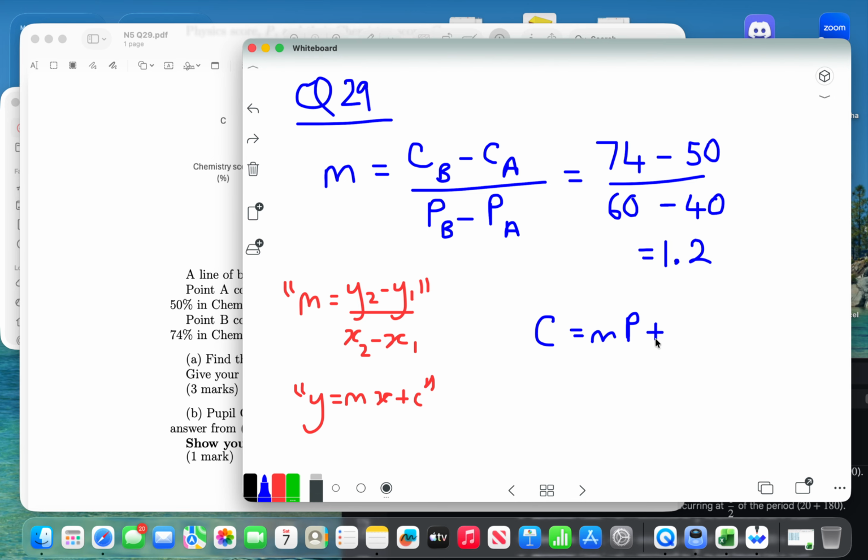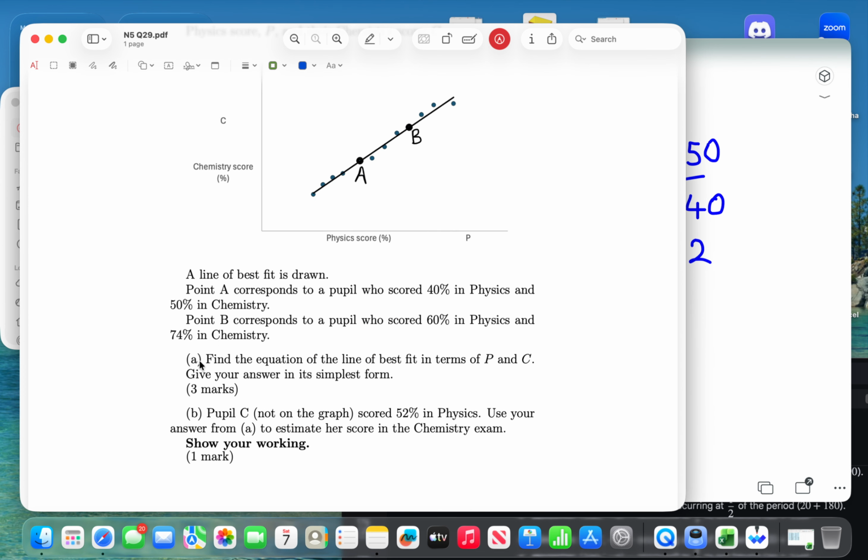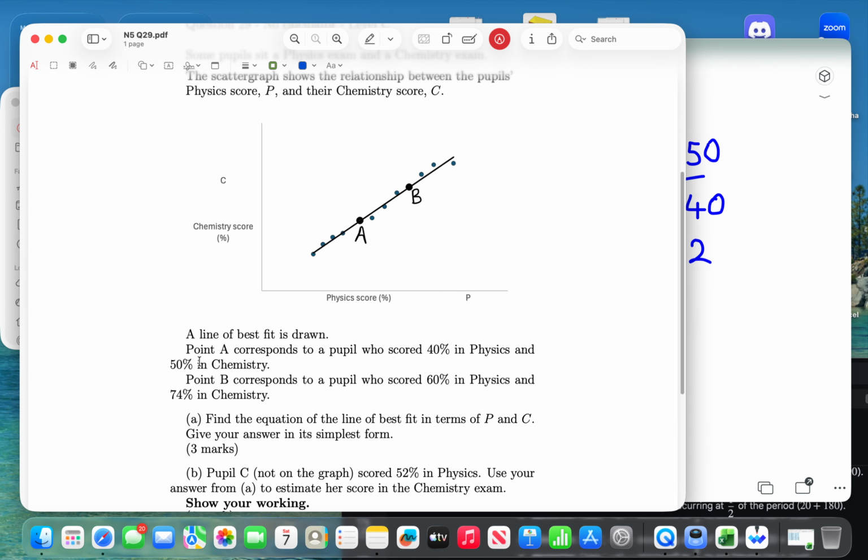Because we already have a c, I'm not going to use the c for the y-intercept, or the c-intercept in this case, because we don't have the y-axis, we have the c-axis instead.